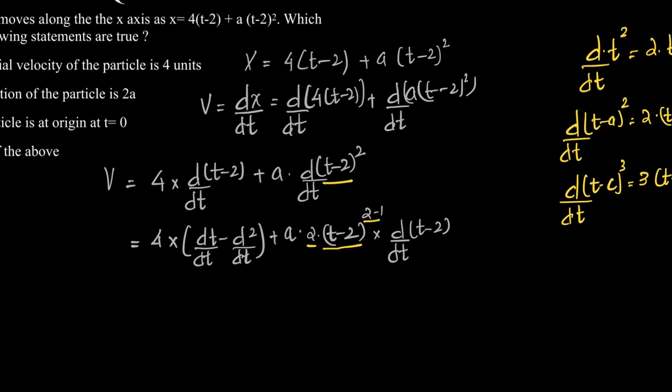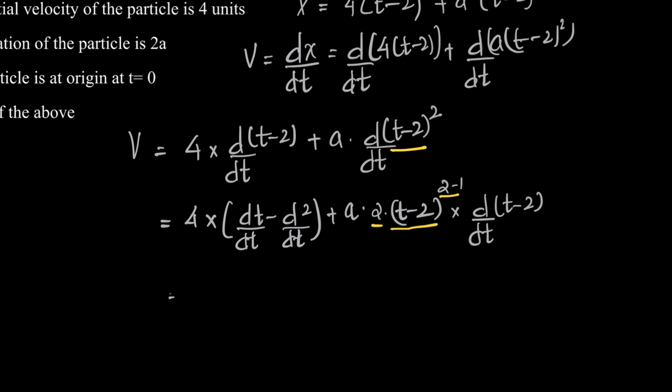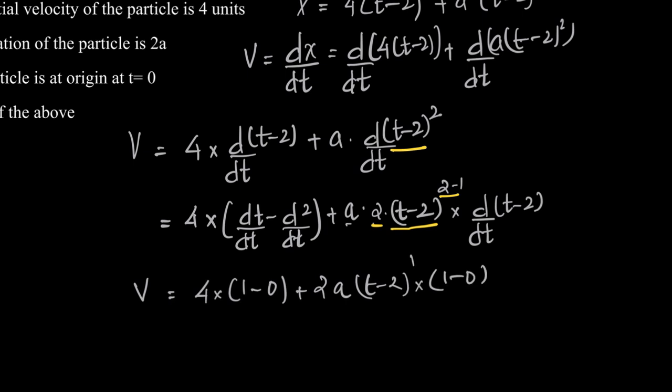So this further becomes v is equal to 4 into what is d by dt of t? It is 1. Minus what is d by dt of 2? It is 0. Plus 2a into t minus 2 the whole raised to 2 minus 1 is 1 into d by dt of t minus 2, which is 1 minus 0.